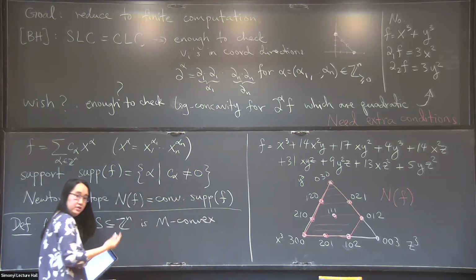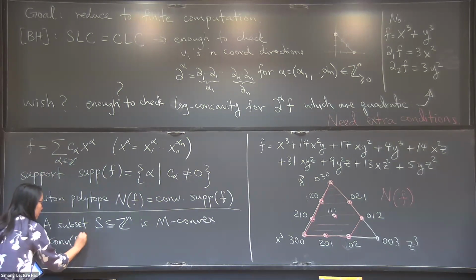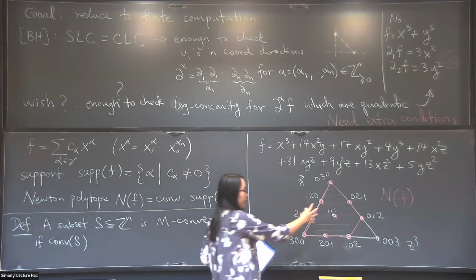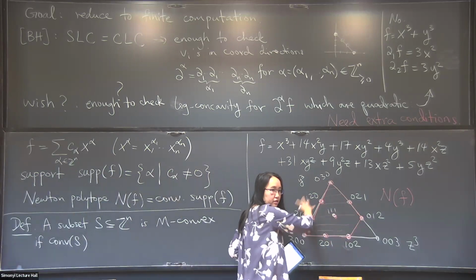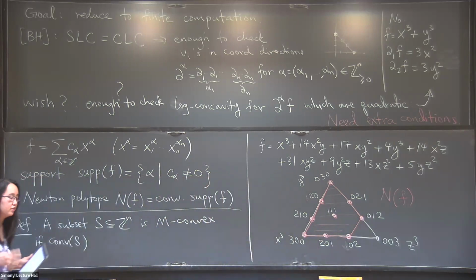M stands for matroid. That will be clear in a moment why it is connected to matroids. So it's called M-convex if you look at the convex hull of S, this is a polytope. It is a possibly higher dimensional polyhedral object like this, a higher dimensional generalization of polygons, things like cubes and octahedra.